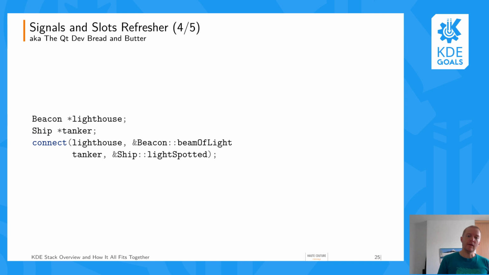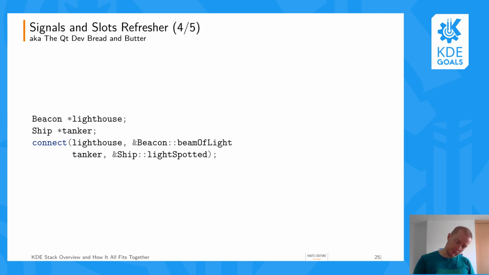If I have that, then, for brevity, I didn't give the code for initializing those, but we can imagine that we have a pointer to some Beacon that we call lighthouse. We have a pointer to some Ship that we call tanker, and then we can connect the lighthouse beamOfLight signal to the tanker lightSpotted slot.